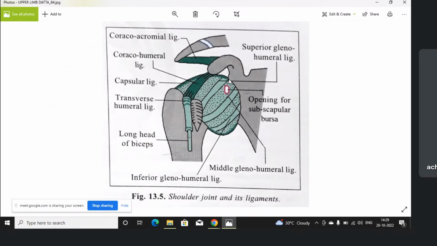Below, it is attached to the anatomical neck of the humerus.